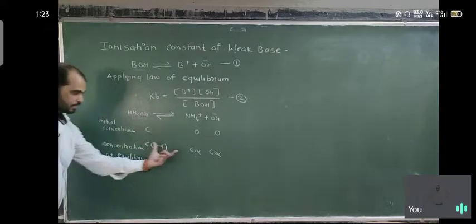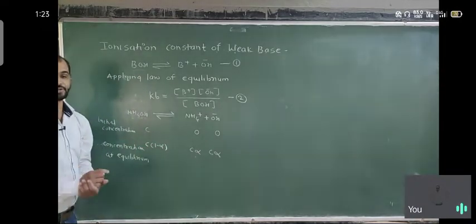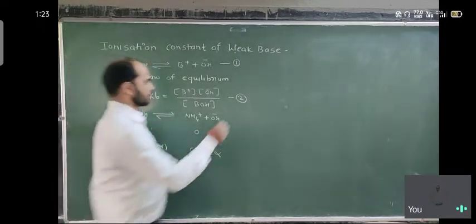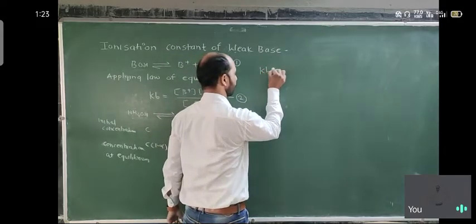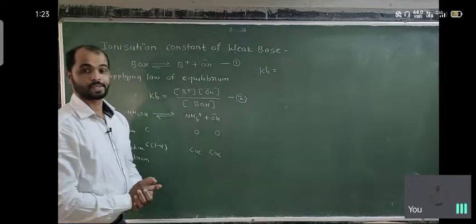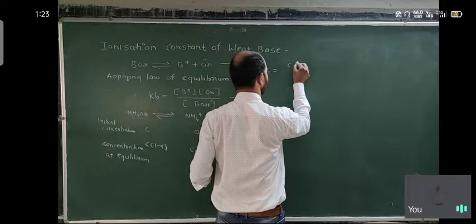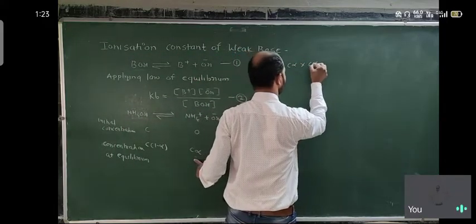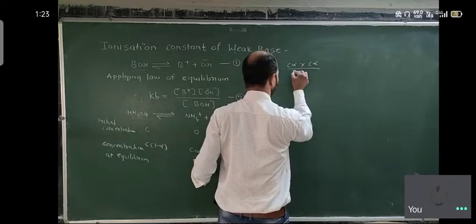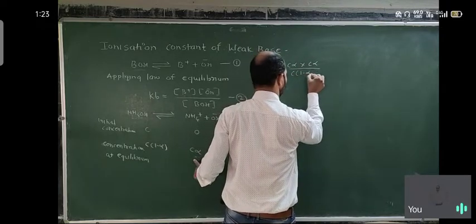So put these concentration values into this equation. Kb is equal to C alpha into C alpha upon C into 1 minus alpha.